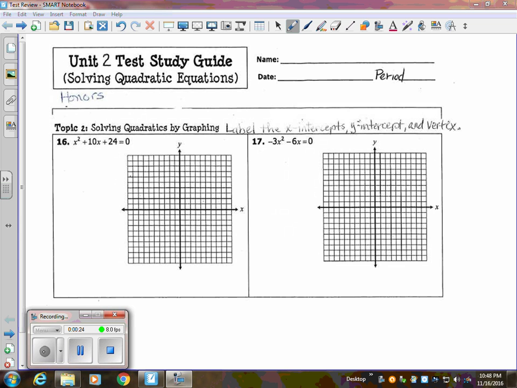So this first one is saying solve quadratics by graphing x squared plus 10x plus 24. You could graph that in your calculator and see that it has x-intercepts at both -6 and -4.